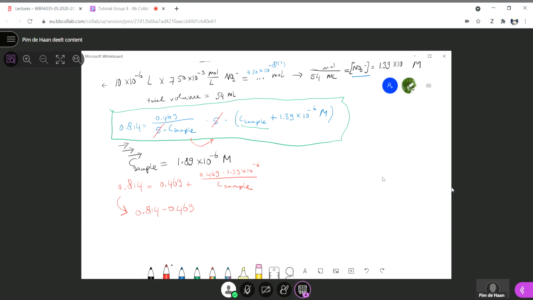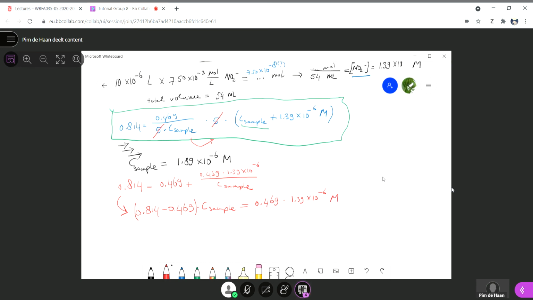This one minus that one times C sample equals 0.469 times 1.39 times 10 minus 6 molar.